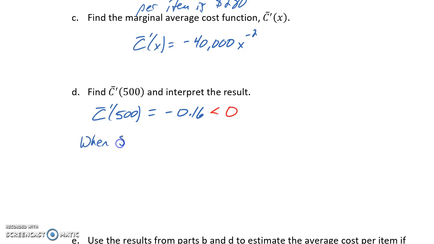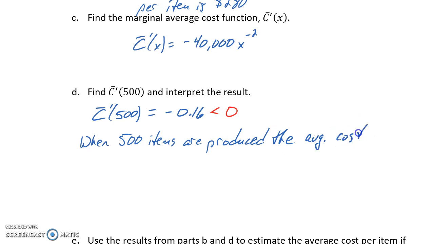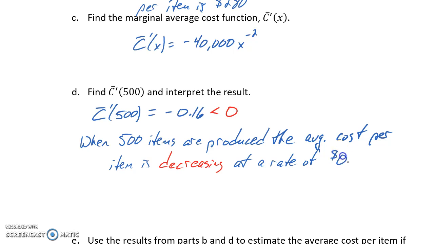In this case, we can say that when 500 items are produced, the average cost per item is, again, decreasing since our marginal function generated a negative result. So our average cost per item is decreasing at a rate of 16 cents per item.